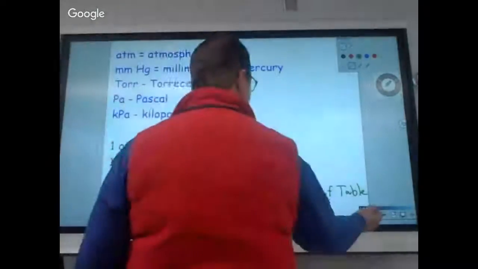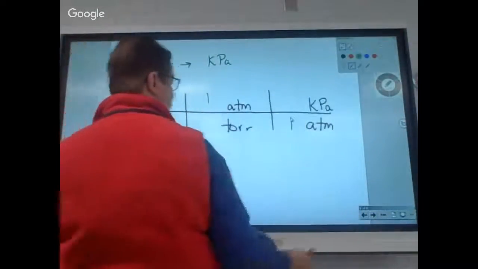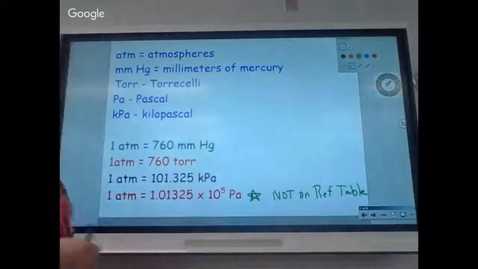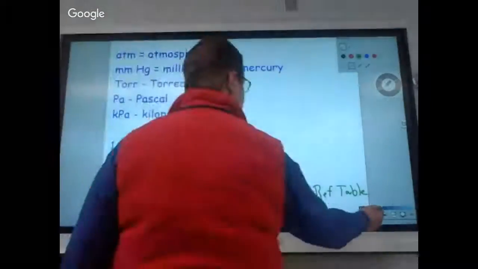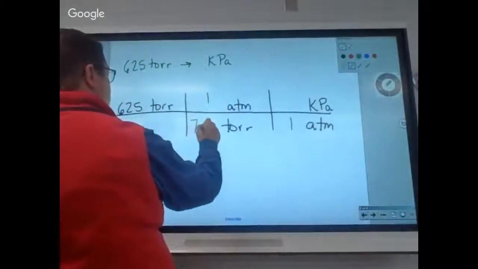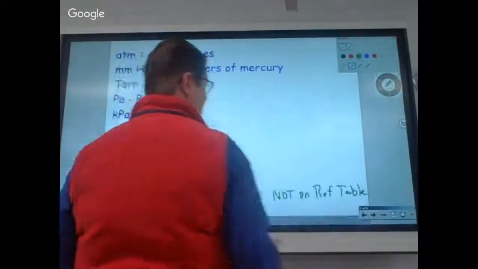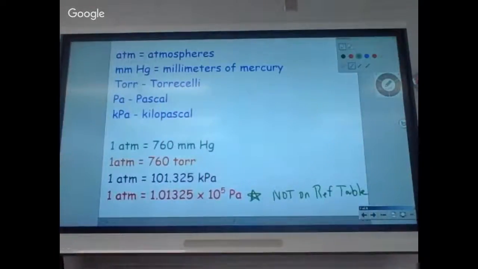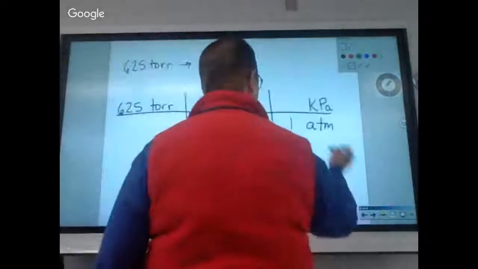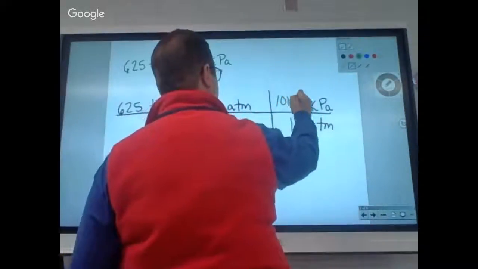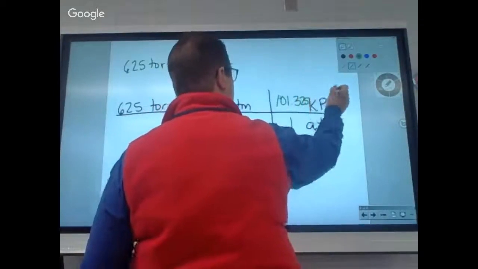So I'm going to put 1 beside the ATM. What number is beside my torr? 760. And beside the kPa, 101.325. So the only number that's not on the sheet is the last one.